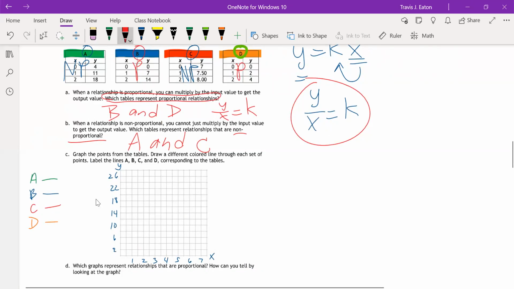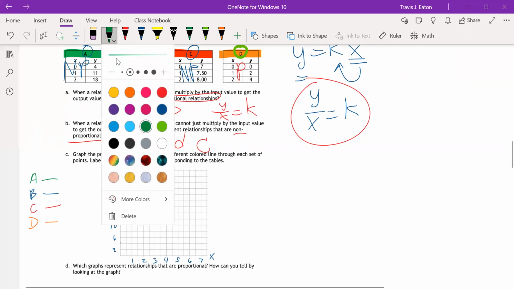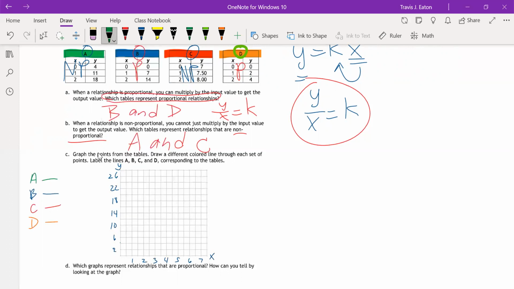All right. So the first one, we're going to graph A. So A, the first point is 0, 4. So it's 0, there's 2 and 4. Oh, I'm going to have to thicken that line up. There we go. Close.